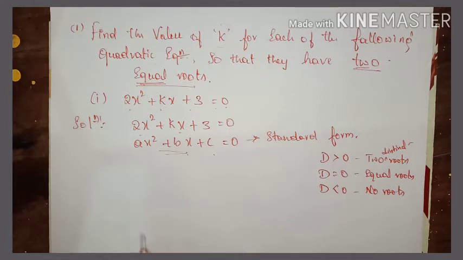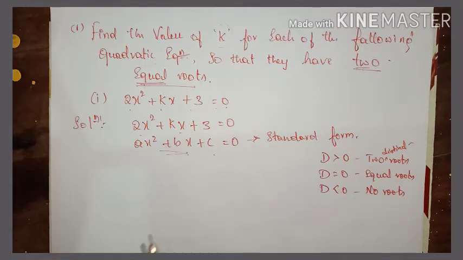Whenever you are going to find the value of k for a given quadratic equation, you must know whether the roots are equal, or the discriminant is greater than or less than 0. We have already learned the discriminant. If you don't know, check the previous video.